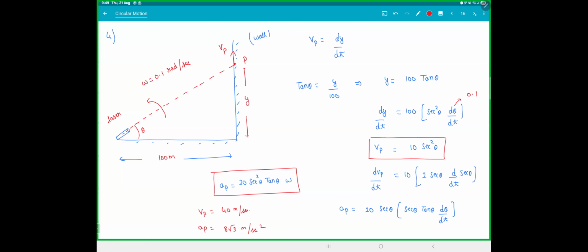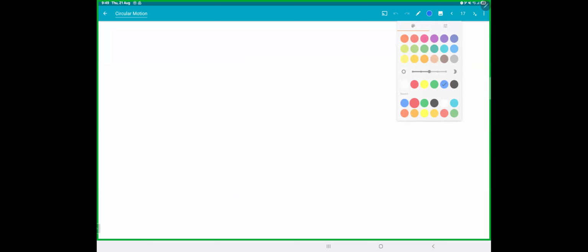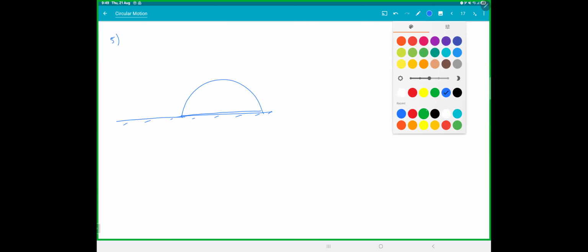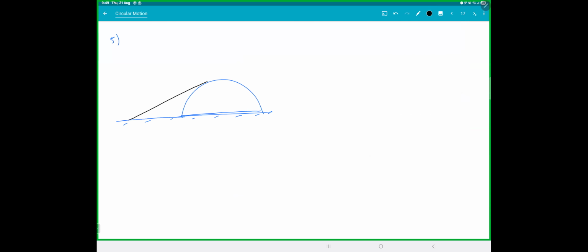Let's see one more. Let's say we have a hemisphere. So we got a rod like this placed on top of a hemisphere. This point is hinged. That is, the rod is fixed on one end.